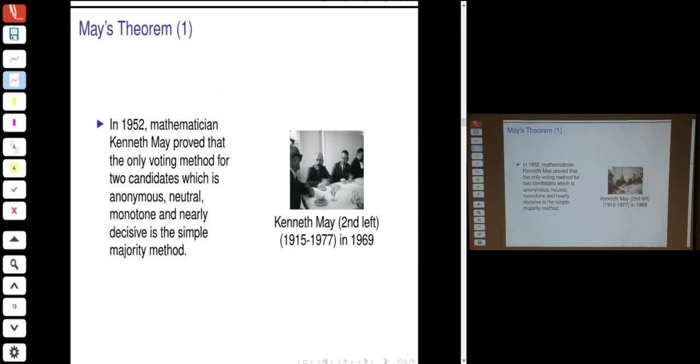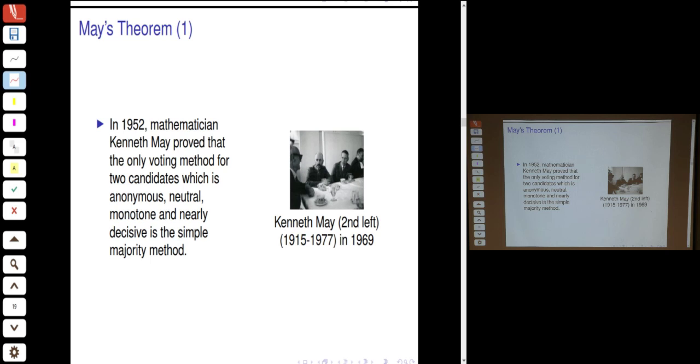The answer to this is surprising. Just to take a step back, why do we want decisiveness? Well, one argument is that if there is a tied election, then there is a lot of controversy. Who will become the ruler, for example, if it's an election for choosing the government?